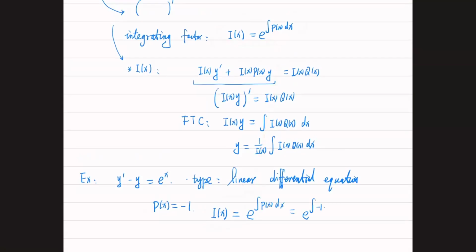Sakina, what's the integral of negative 1? Yes, e to the negative x. Normally, we would have plus c, but here we only need one integrating factor, so we can drop this c.